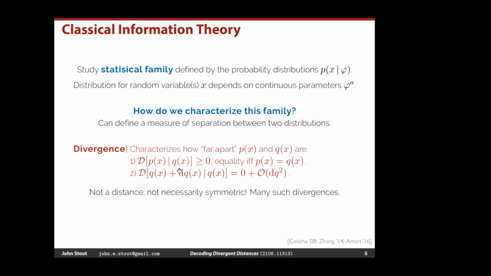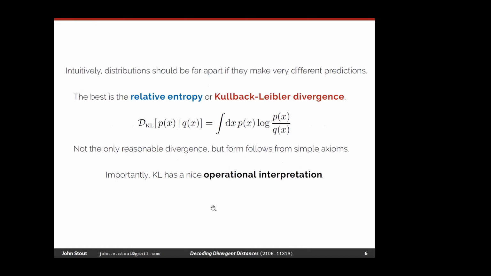Or said differently, we want to define a measure of separation between two distributions that's convex. Convexity is a very useful property. So there are a lot of divergences like this, and sometimes it's more useful to study one versus the other. But the thing that is perhaps the most powerful is called the relative entropy. It's very useful.